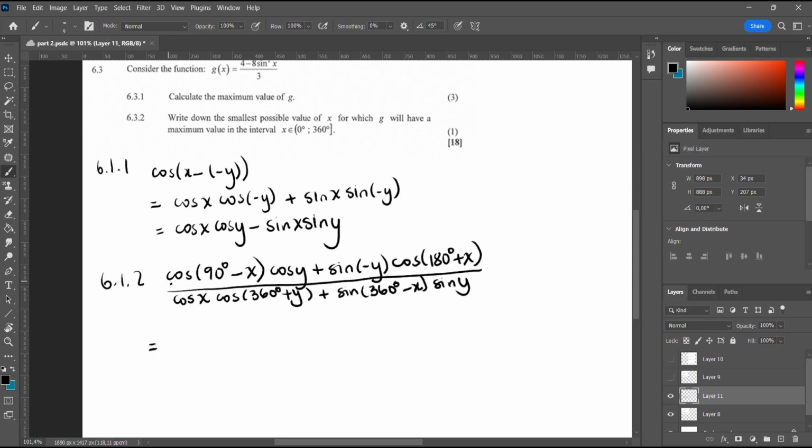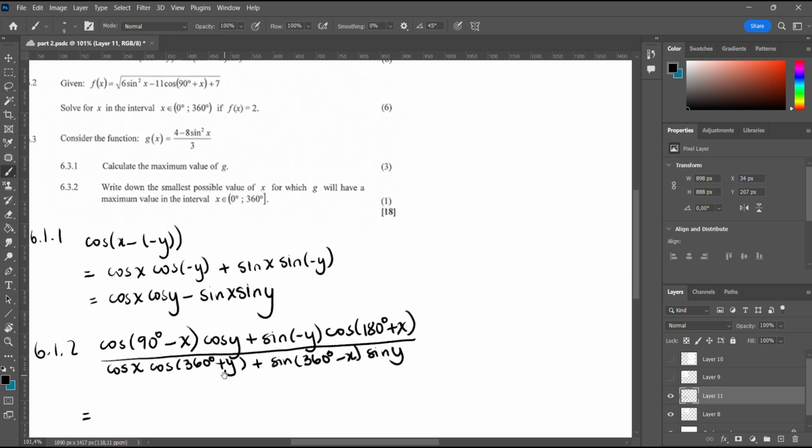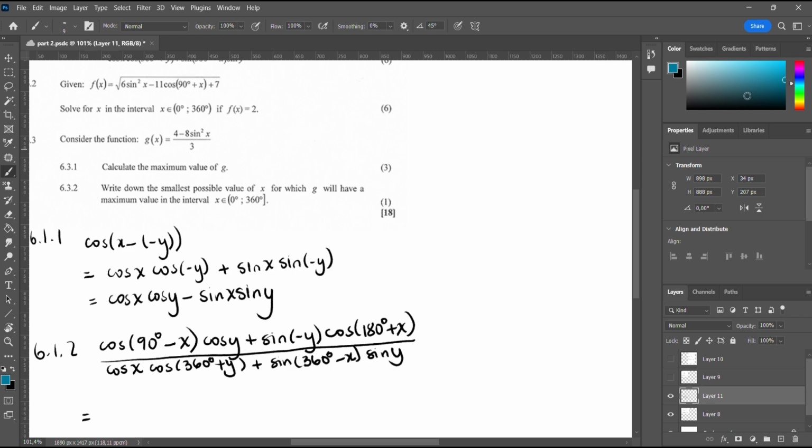So what is this? Cos of 90 degrees minus x. We know this, but let's just do the CAST diagram so that we're not making unnecessary mistakes.